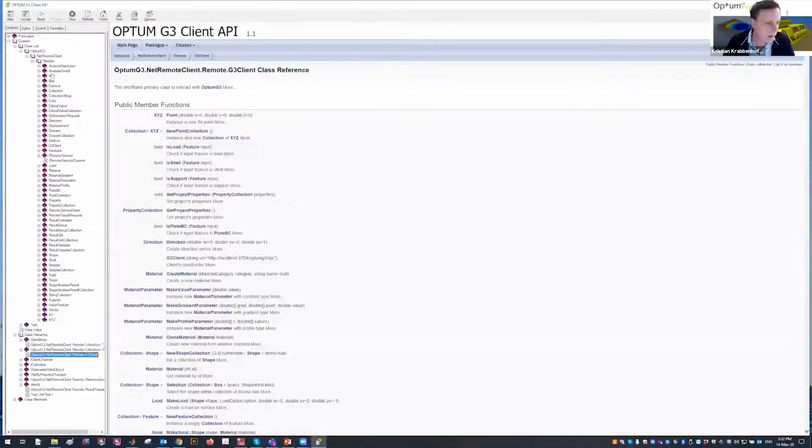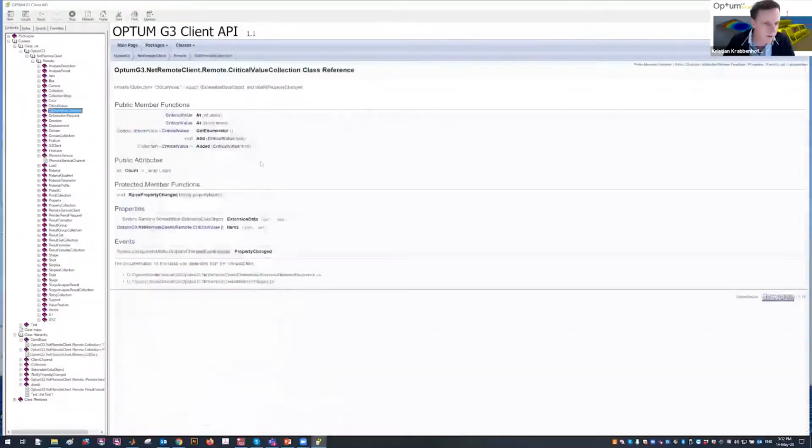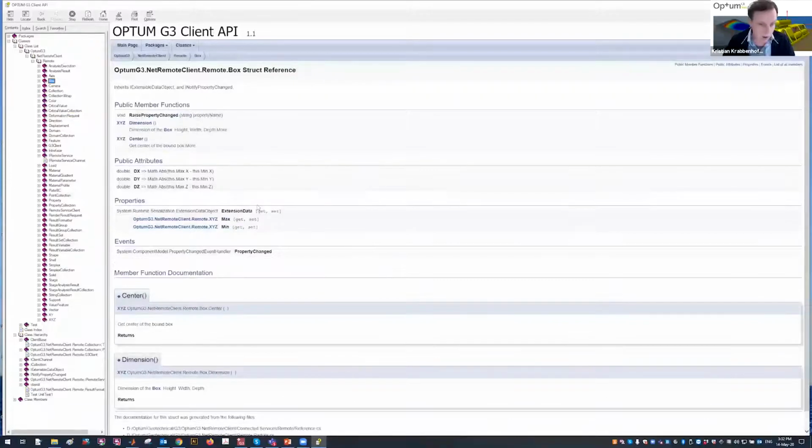Here they are. Box, for example, how does that work for creating a box? Also important is the material parameter document that has the material parameters.